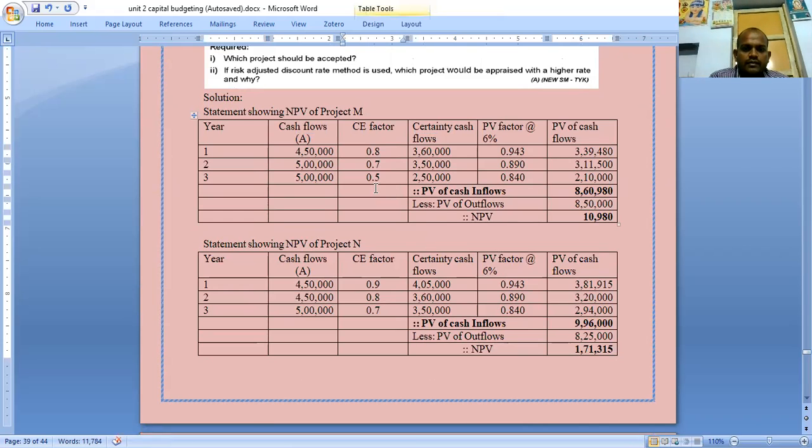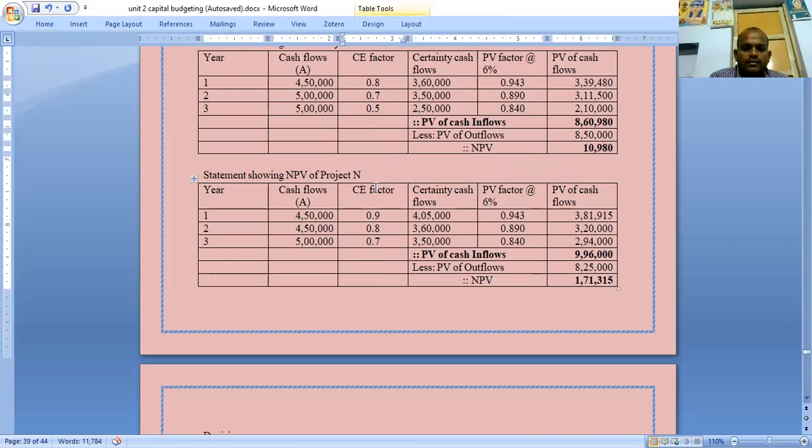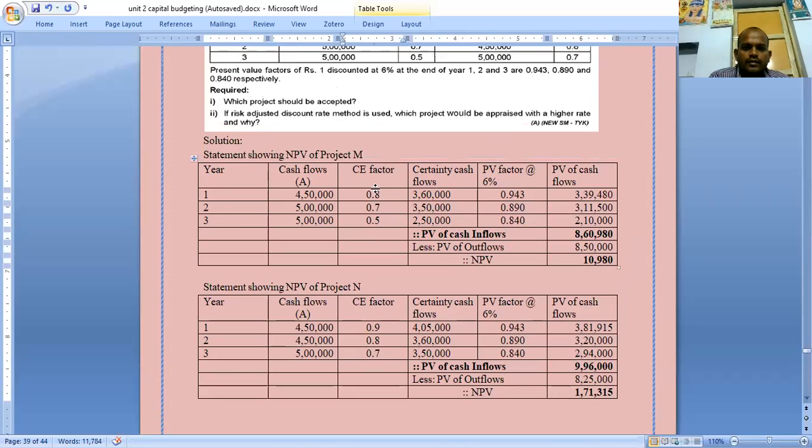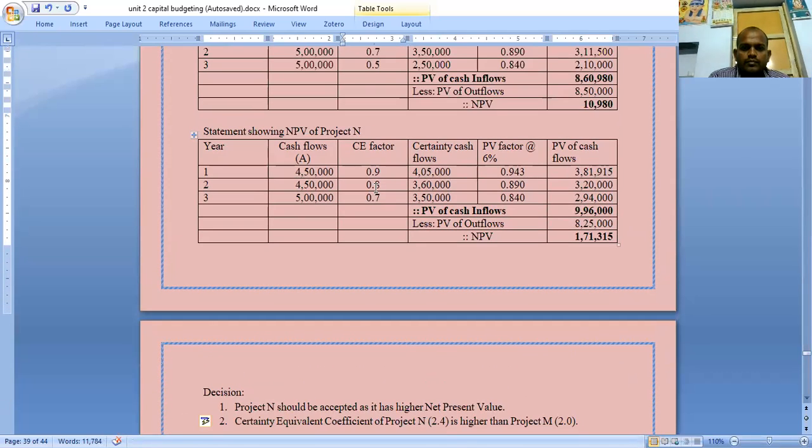Certainty factor. See, this one is representing project M, 2.0. For project N, it is 2.4.